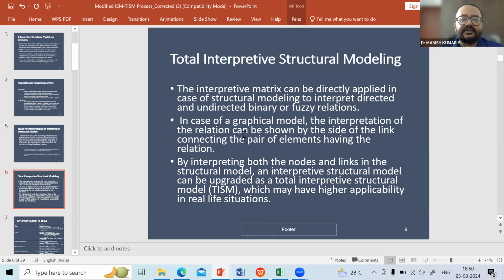I'll explain it later when we talk about the paper. In TISM we produce a graphical model, and this model explains the interpretation of the relationship between two variables, and this is done through pairwise comparison.